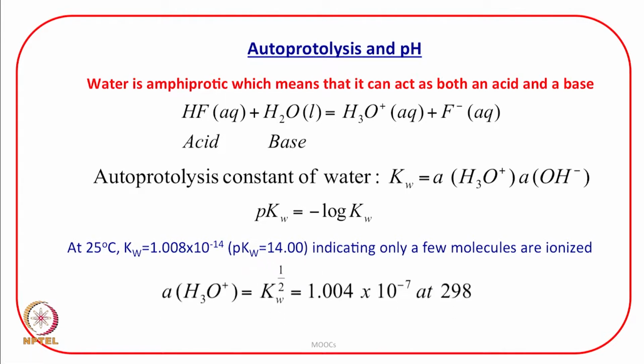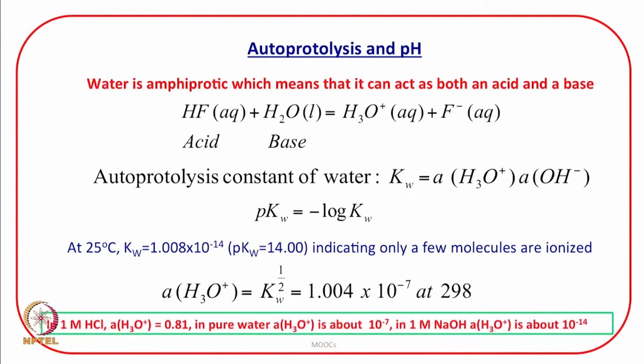And we also showed that the activity of hydronium ion at 25 degree centigrade is given by the square root of the autoprotolysis constant of water, which comes out to 1.004 into 10 raised to the power minus 7 at 298 Kelvin.